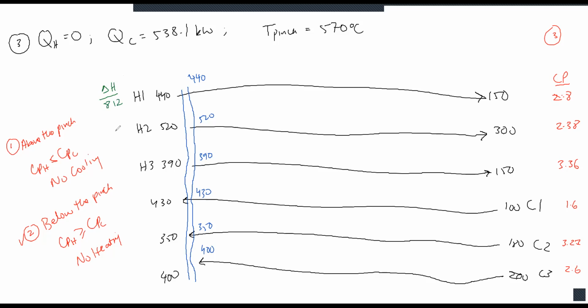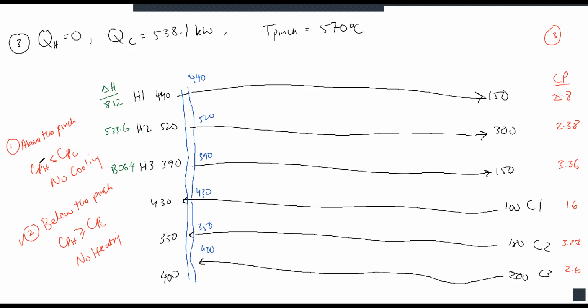For H2, it's 520 minus 300 multiplied by 2.38, so it's 523.6. For H3, it's 390 minus 150 multiplied by 3.36. It's going to be 806.4.